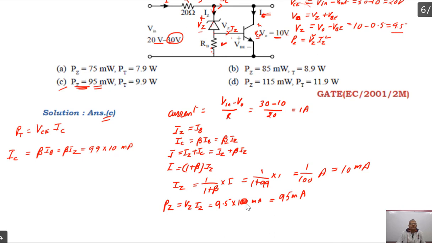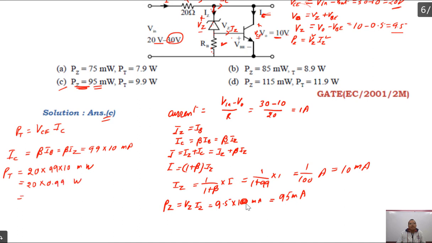So the power dissipated in the transistor will be voltage VCE multiplied by the collector current, that is 99 into 10 milliampere, which is 0.99 ampere.